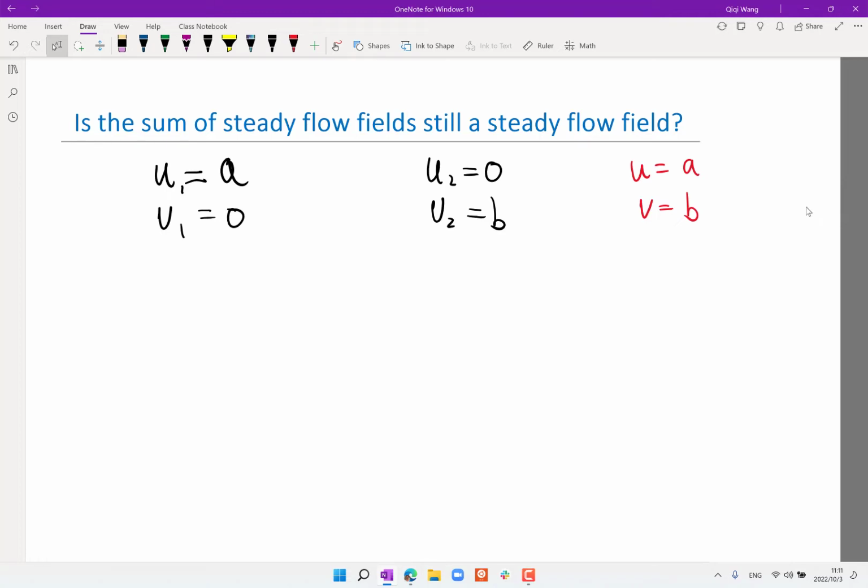Well, the real question is, does this very simple example generalize? And if so, to what extent does it generalize? Anybody have any other thoughts? Does everybody agree, like, if you add up 2 flow fields, you get another flow field?